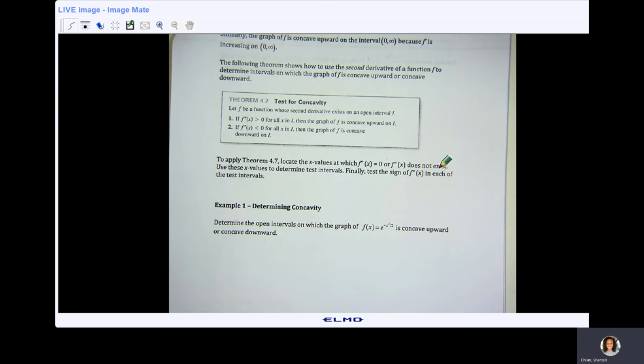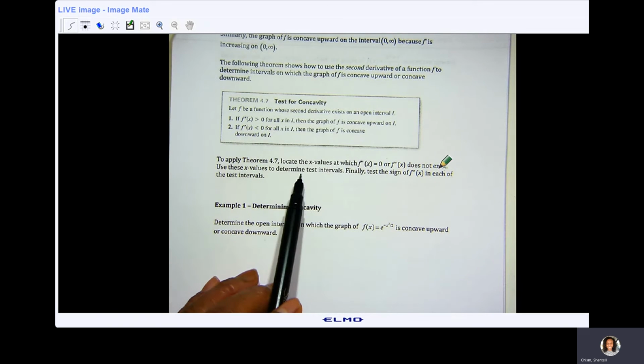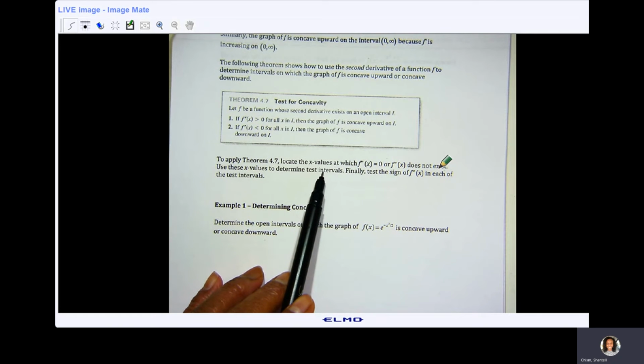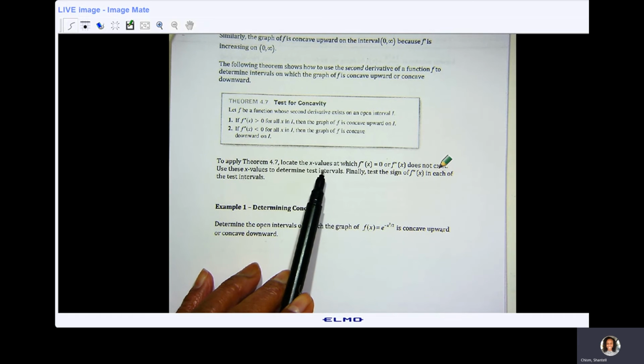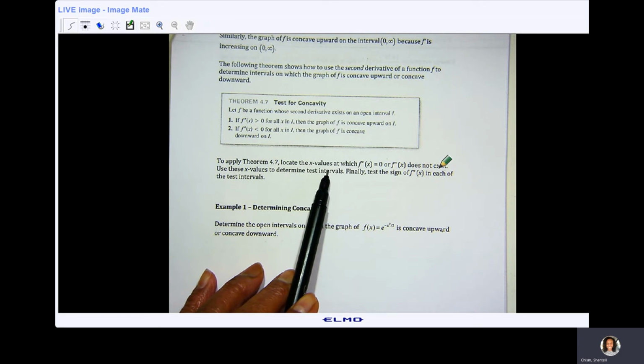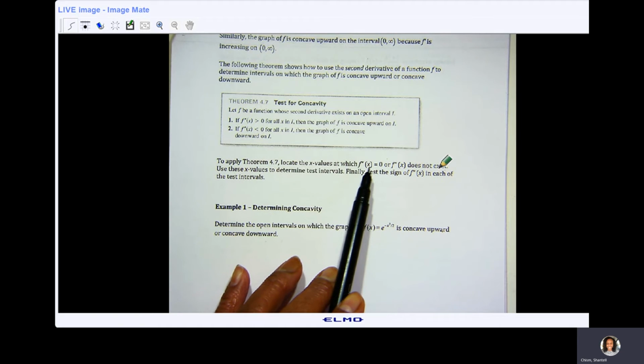Okay? So in order to apply this theorem, we do have to locate our critical values in a way. Normally we call critical values only those of the first derivative, but they can be called critical values because they're the critical values of the second derivative.